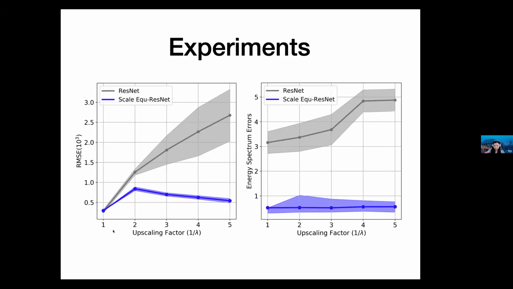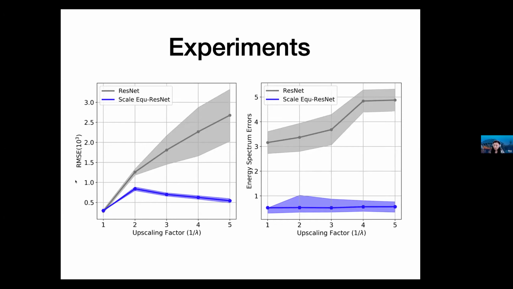However, when we look at the equivariant counterpart, the scale equivariant neural network, we can see that the forecasting error stays relatively stable when we change the test distribution by different factors.